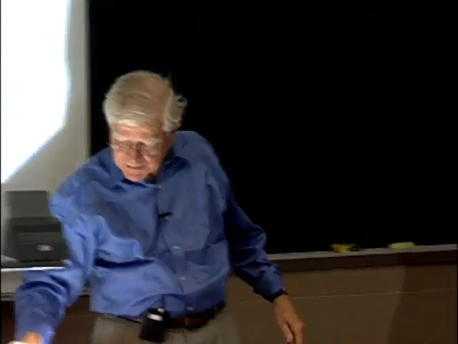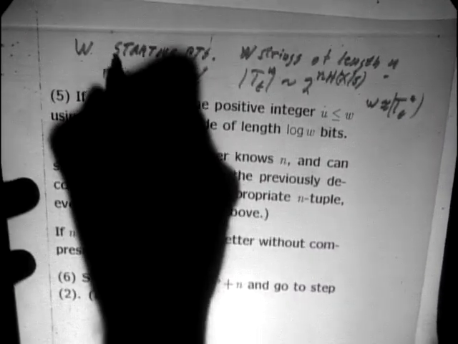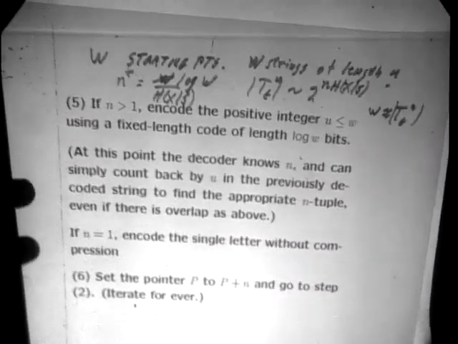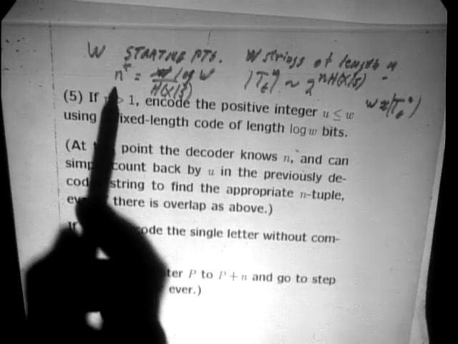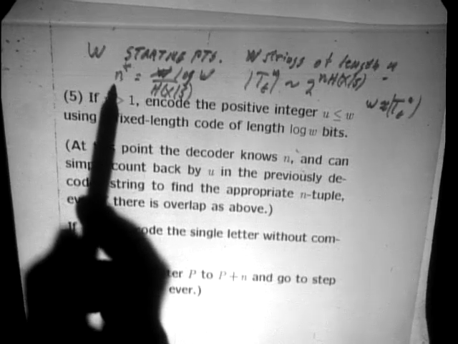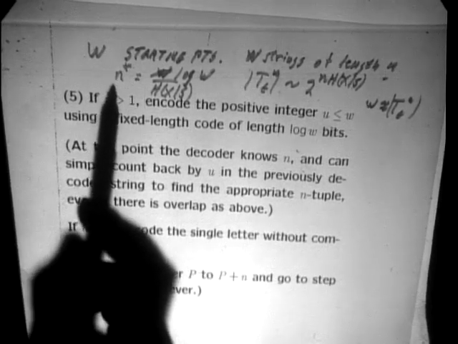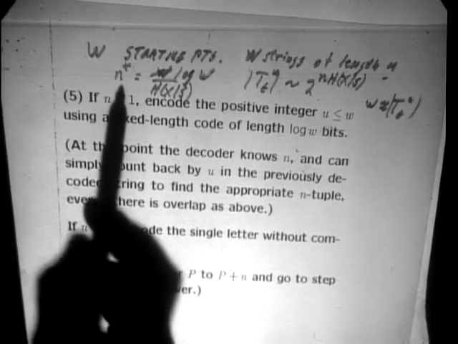If I try to choose an n which is a little bigger than that, let's call this n star, I don't have a prayer of a chance, because the typical set is then very much larger than W, so I'd be very, very lucky if I found anything in the window.